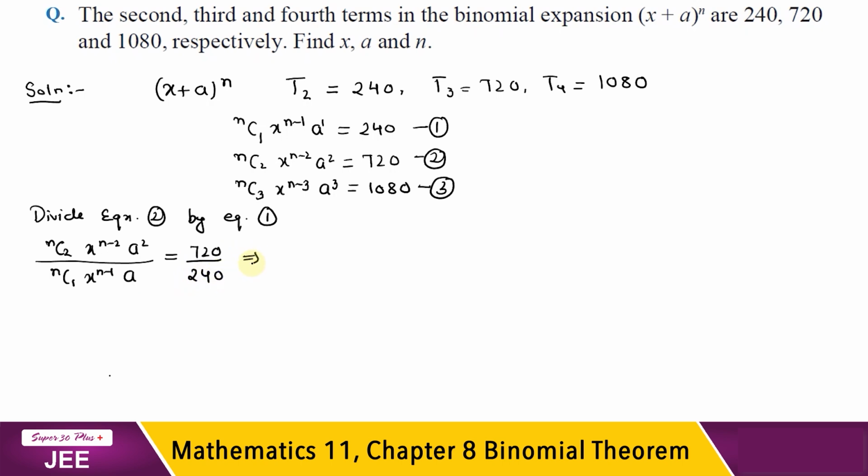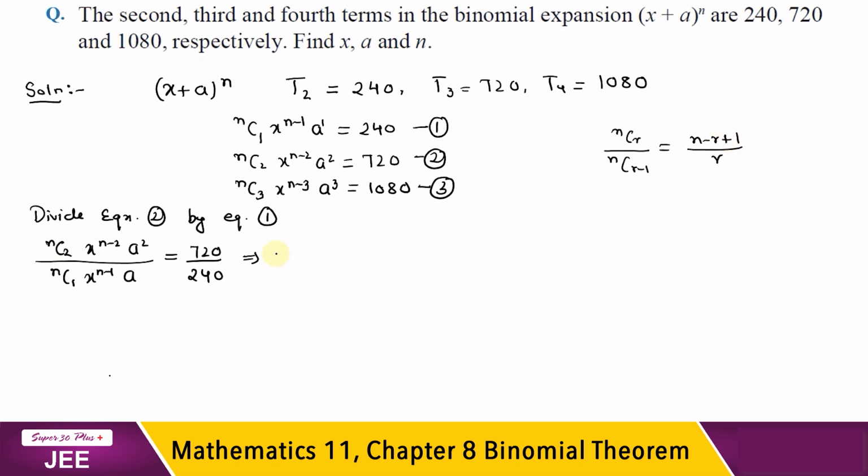Here nC2 when divided by nC1 follows the property that nCr divided by nC(r-1) is equal to (n - r + 1) over r. We can directly use this property in order to make the calculation easy.